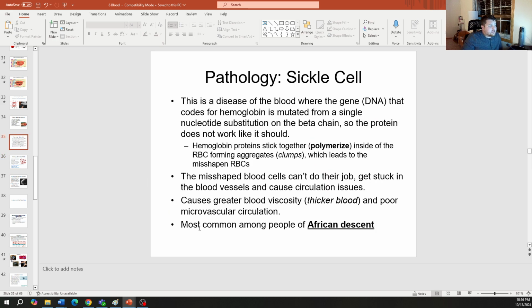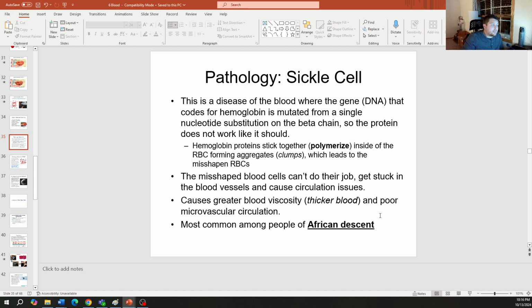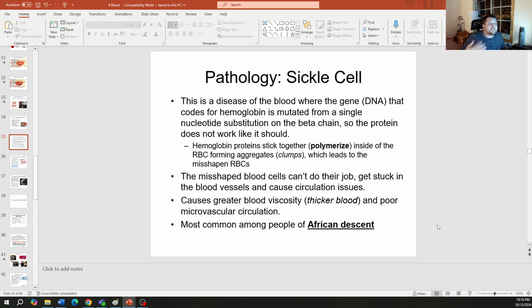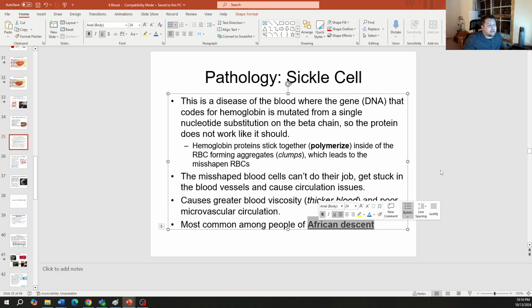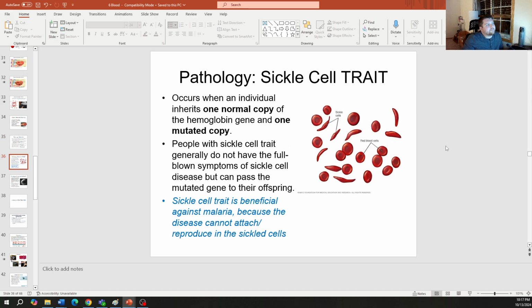And that's one of the reasons why sickle cell is very common among people of African descent, because in a lot of areas of Africa, you have high malaria incidence. Because it was beneficial to have sickle cell trait, more of those people survived and passed on the trait, passed on the gene.